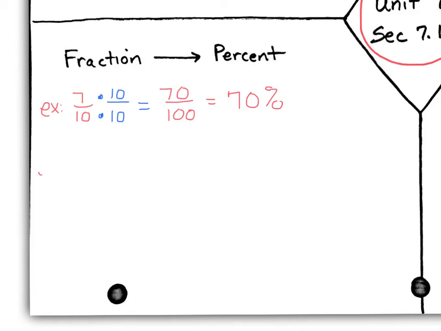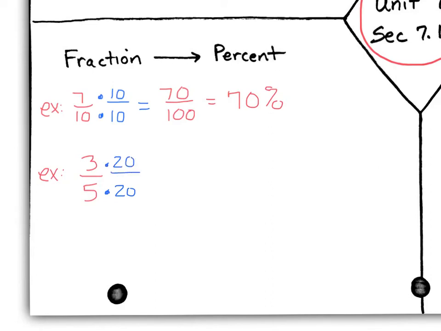All right, we'll try another one. 3/5. Okay, if you want to change that to percent, percent means out of 100. So this is not 100. So I'm going to change 5 into 100. I'll have to multiply by 20. Oh, I have to multiply the numerator by 20 also.